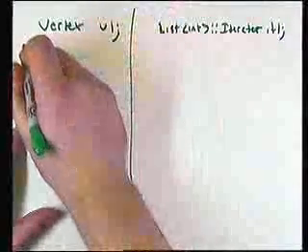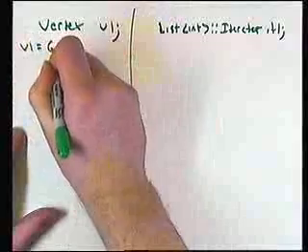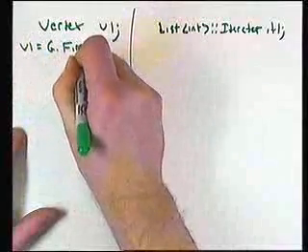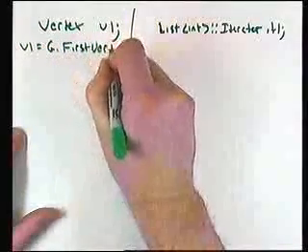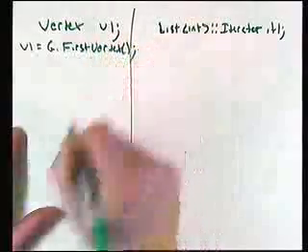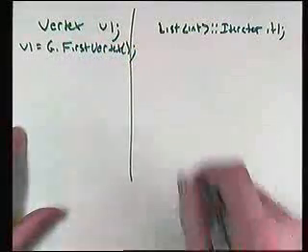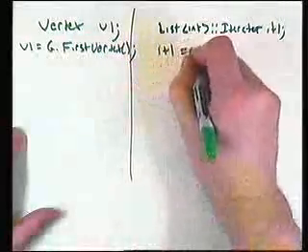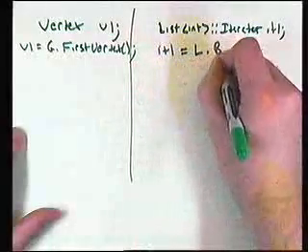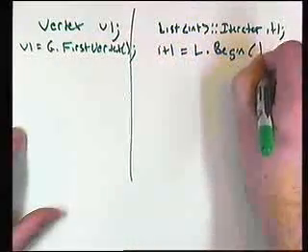And then we can say v1 equals g dot first vertex, which is the exact analogy to it1 equals l dot begin.